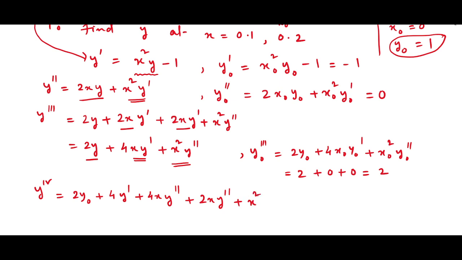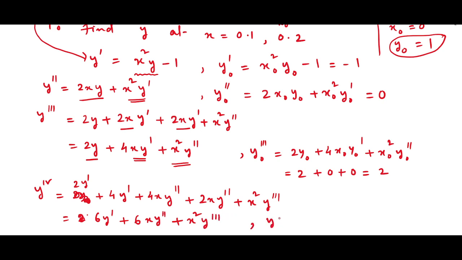Plus, now we'll keep x square, and then the derivative of y double dash is y triple dash. Okay, one more mistake I have made here. This term, no? The derivative of the first term is not 2y naught. This is 2y dash. Okay. So 2 is constant, the derivative of y is y dash. So if we combine it, we'll get 6y dash plus 6x y double dash plus x square y triple dash.